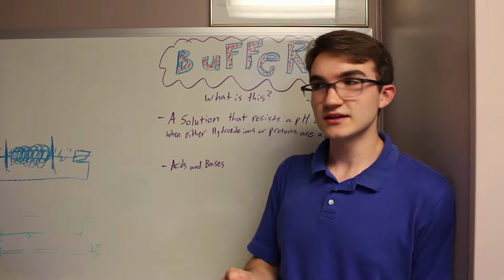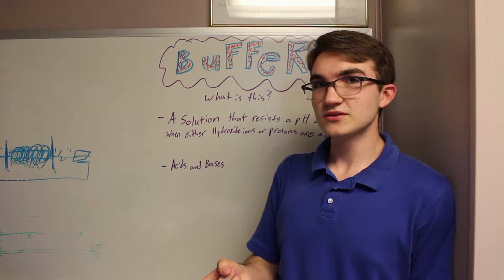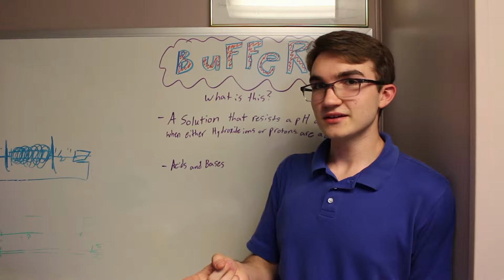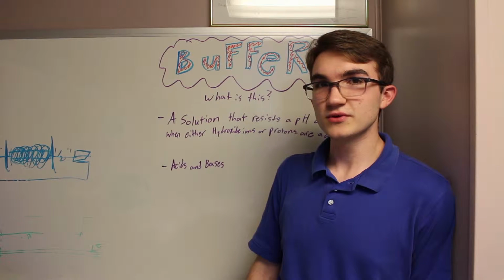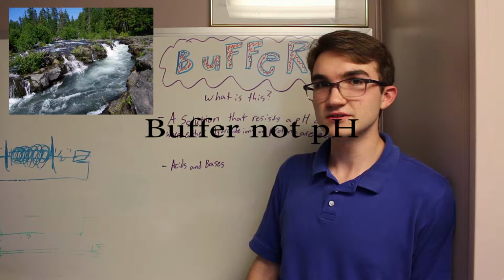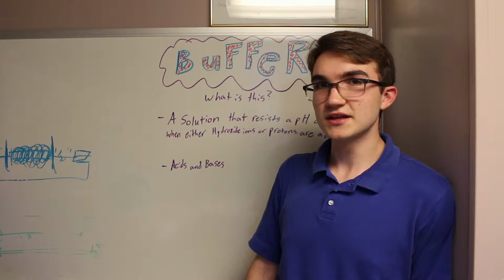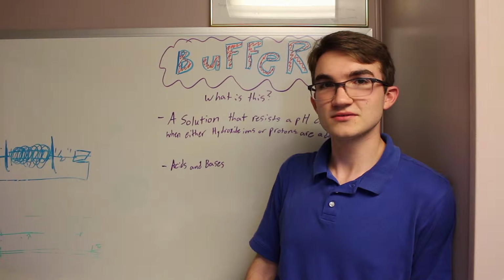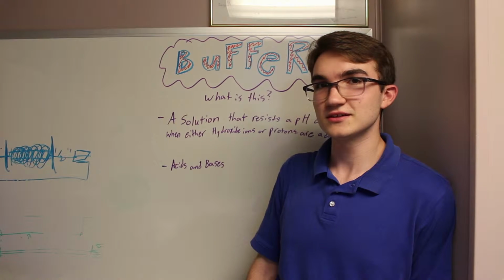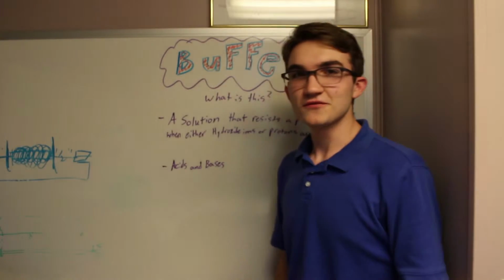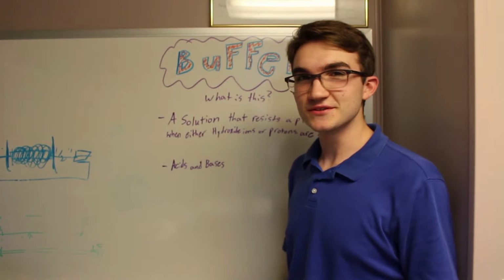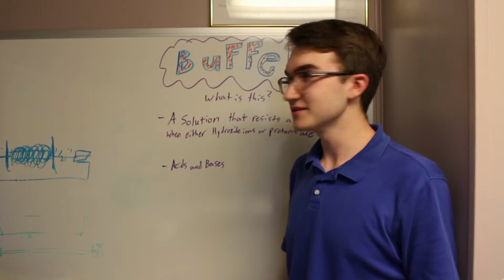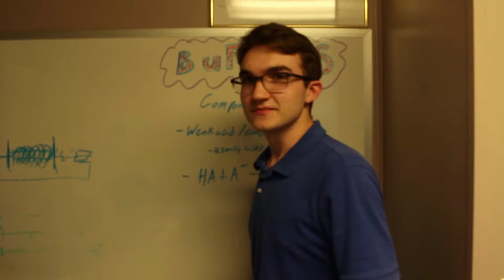And also, water in rivers and lakes and oceans has a buffered pH, because if the water does not maintain a certain pH, the fish will die from its acidity or basicity. I don't know what the word for that is. Basicness. So yeah, buffered solutions keep a solution in a certain pH range is the final way to say it.